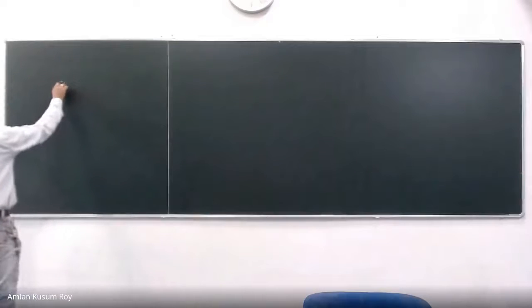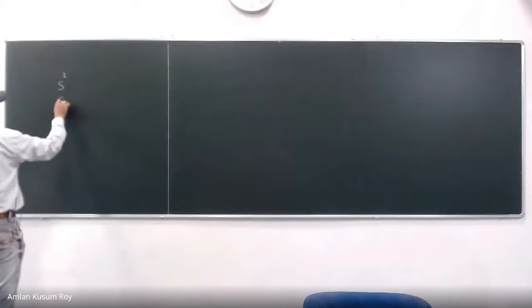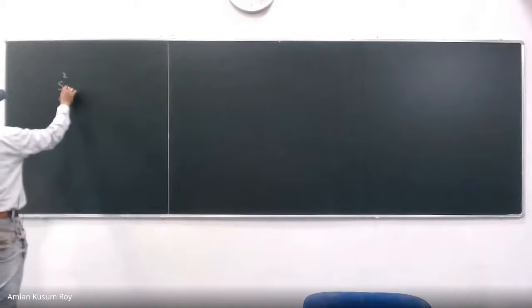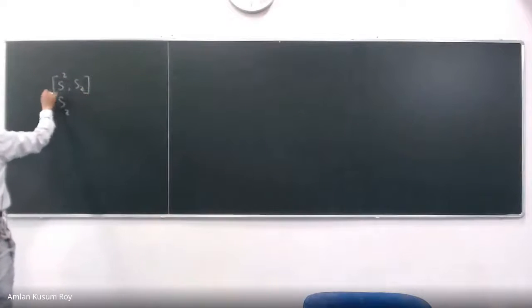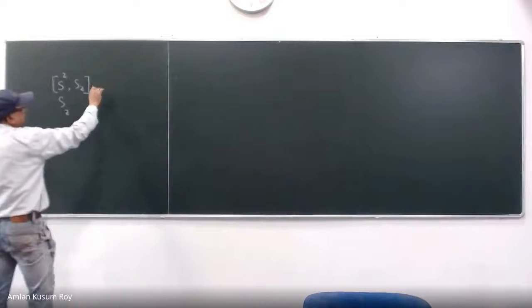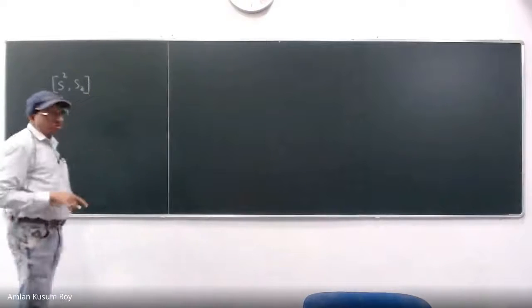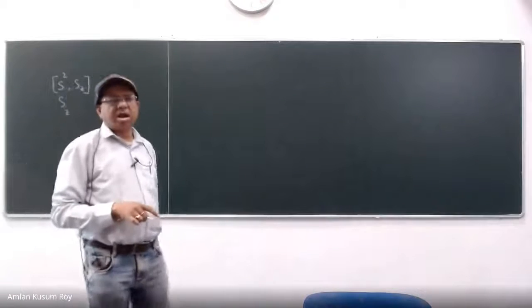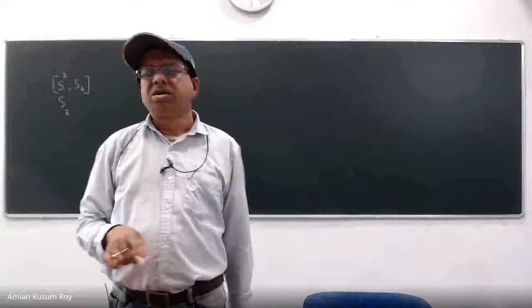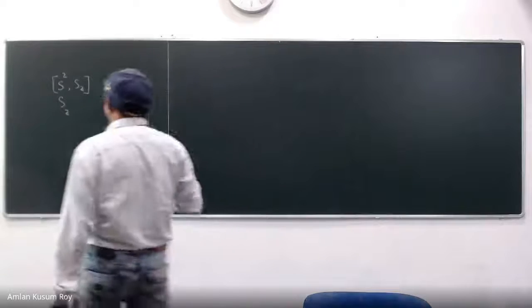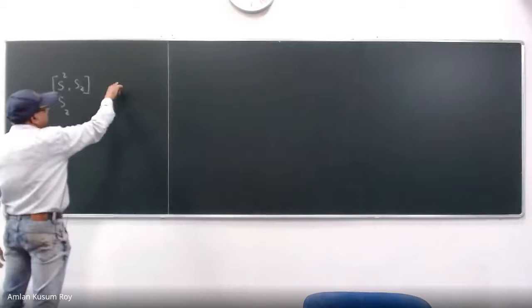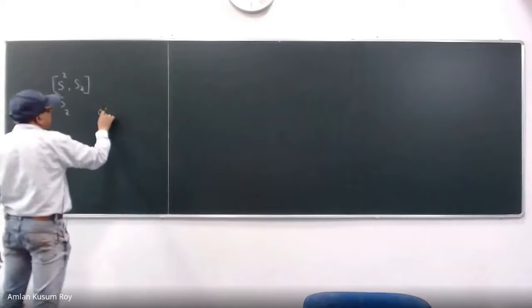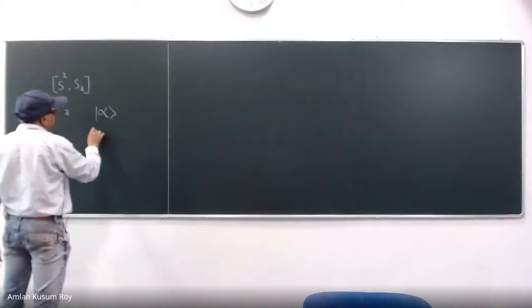So our starting point is the S square and Sz operators. We have said that S square commutes with Sz, and the spin eigenfunctions are eigenfunctions of these two operators. The two eigenfunctions, one of them we have called alpha and the other is called beta.